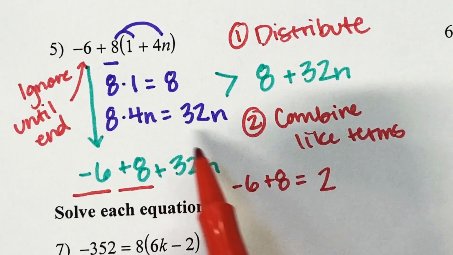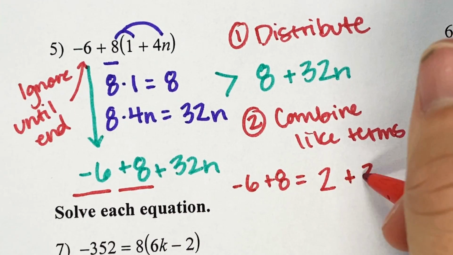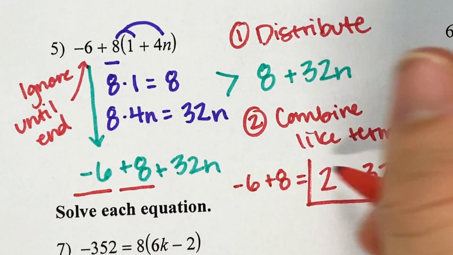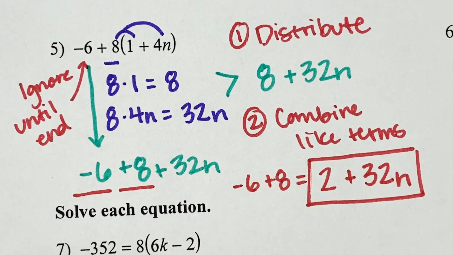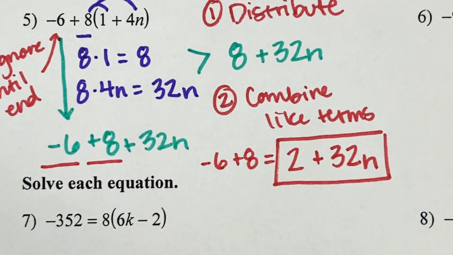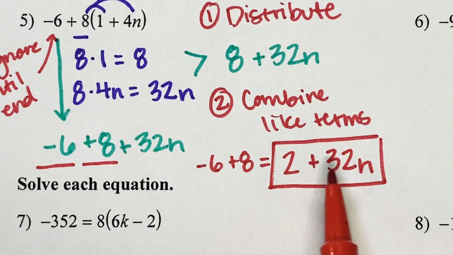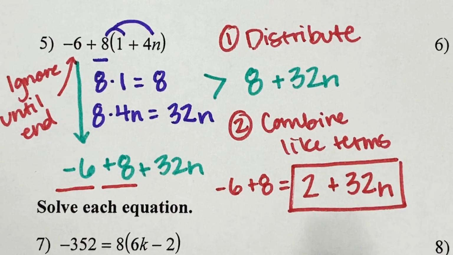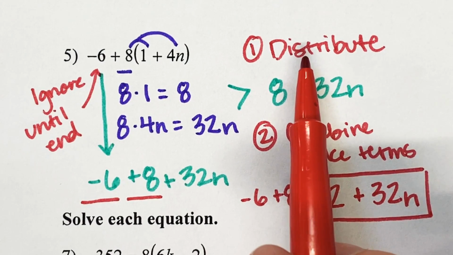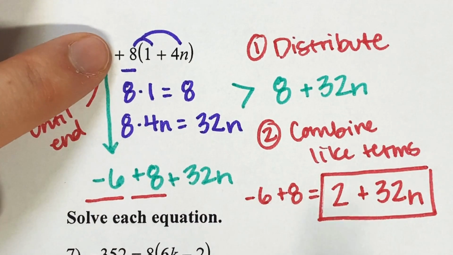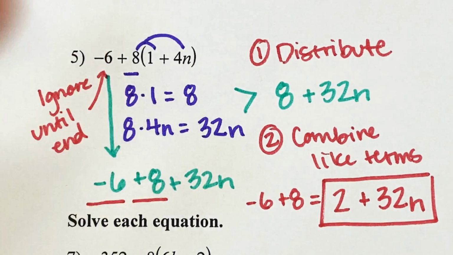And then the 32n is all that's left, so plus 32n. These guys are not like terms, so we know we are done simplifying. So our final simplified answer for number 5 is 2 plus 32n. First we had to distribute, then we had to combine like terms. We ignored this -6 until we got to the second step.